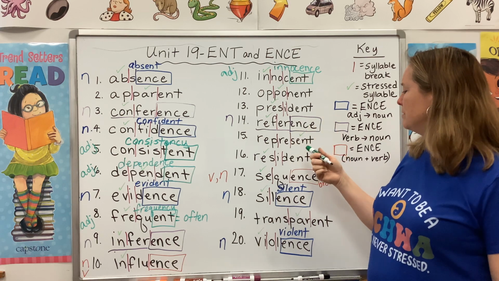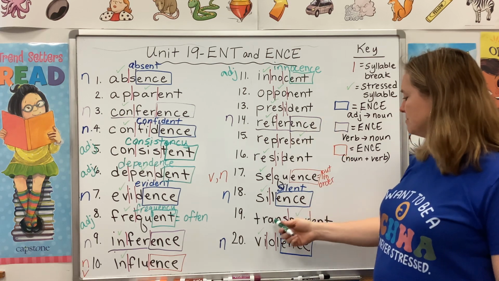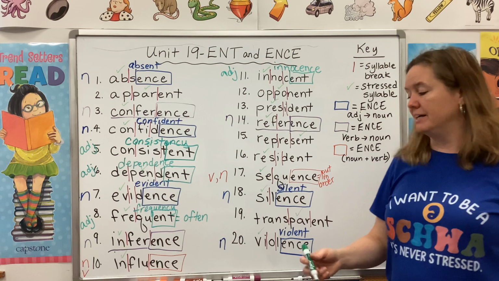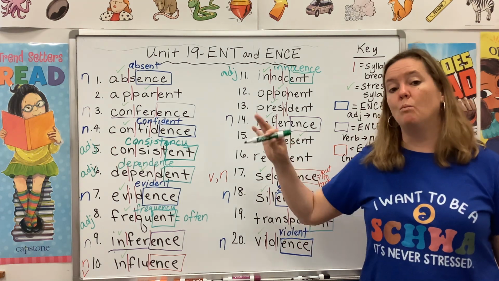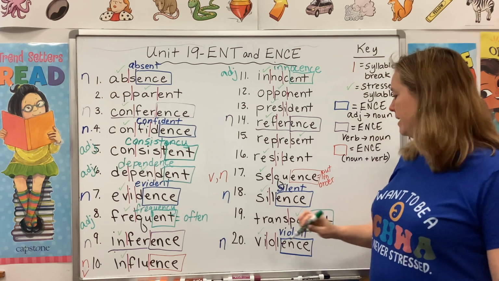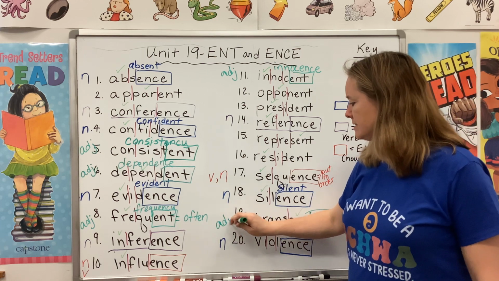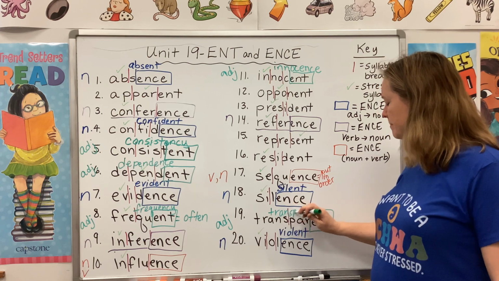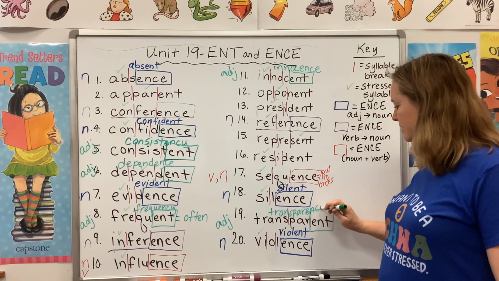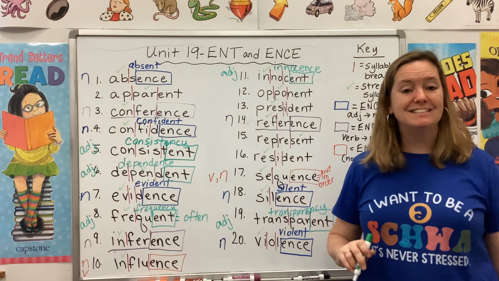We're going to skip that one for a second. I'm looking for more adjectives. Oh, right here. Transparent. If something is transparent, it's see-through, like a window is transparent, right? So that's an adjective. The noun form, transparency. So this is interesting, right?